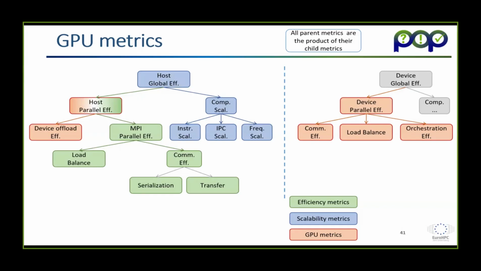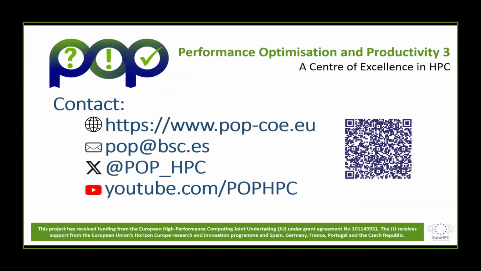These ones that are in gray are still being defined. So what we have defined so far are the red ones. This was just a sneak peek, because we will see also in some of the examples the GPU metrics, so that you know where they are. And that was all for the methodology and metrics.